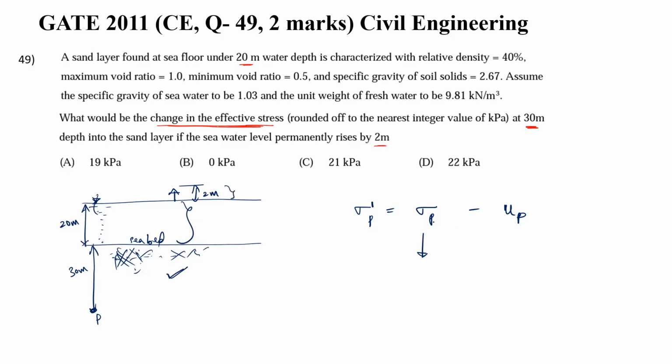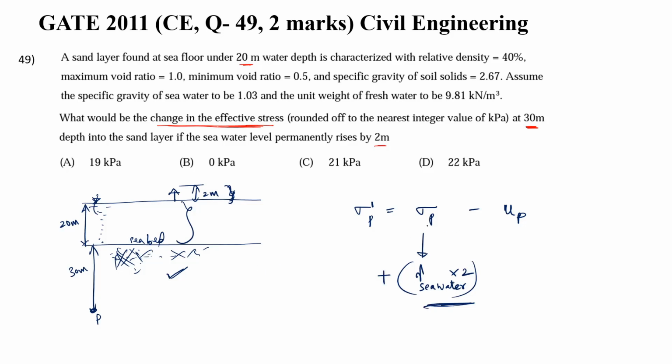The total stress will increase by this much water. So, what is that stress which is increased by increasing the water height by 2 meter? That is nothing but gamma of seawater into 2. Here 2 is the height, and gamma seawater is the unit weight of the water.